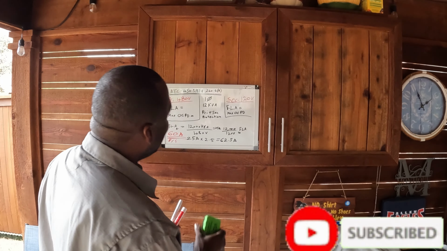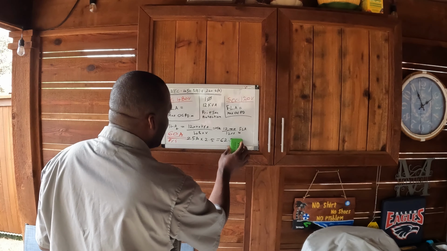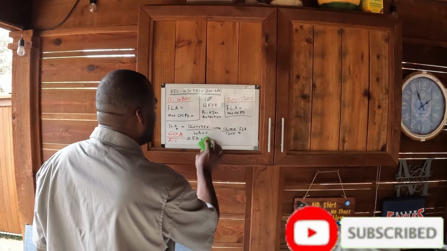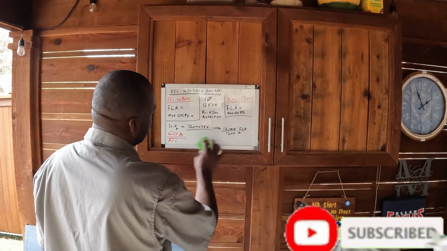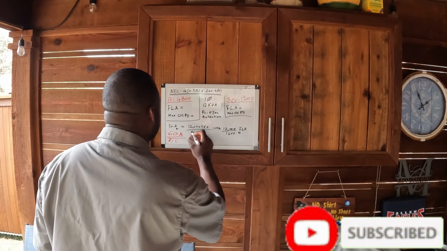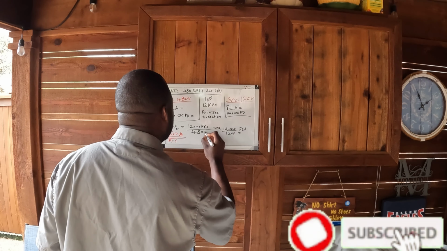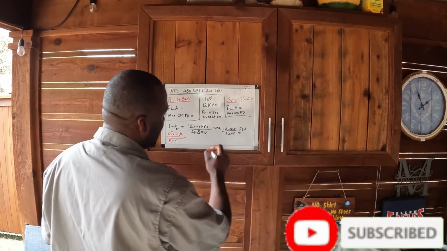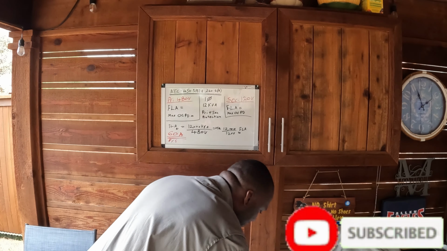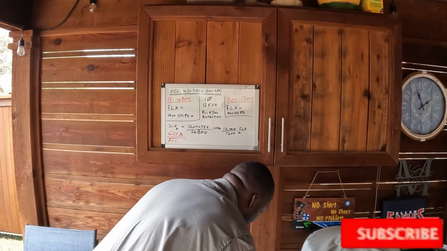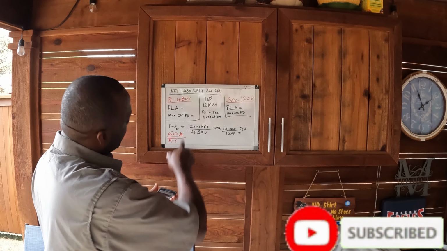Now, for the secondary side, I'm gonna just make a little space right here. So 60 amp for this side. For this side over here, we're gonna do the same as we did for the primary side.